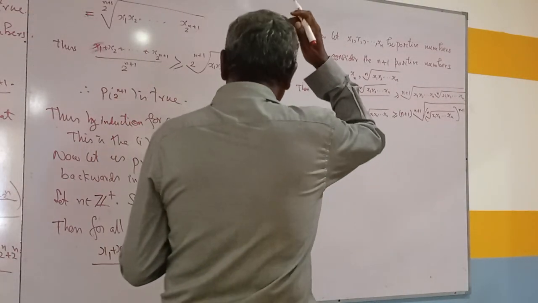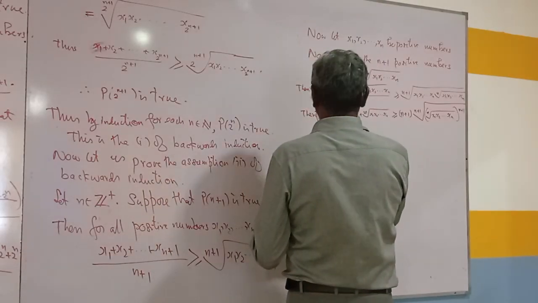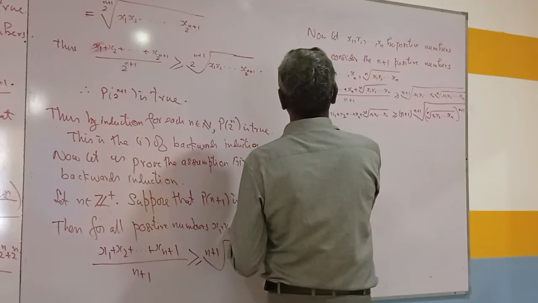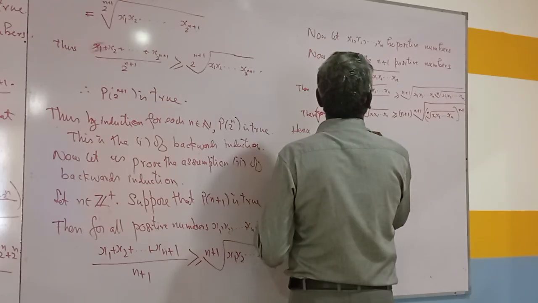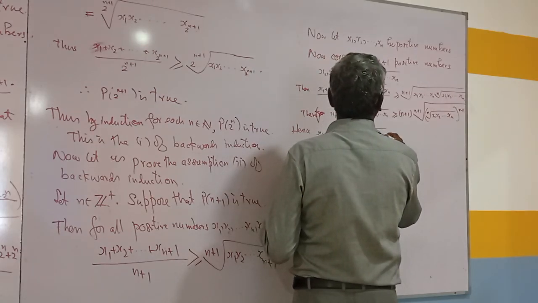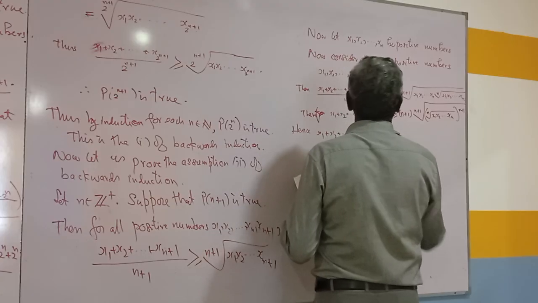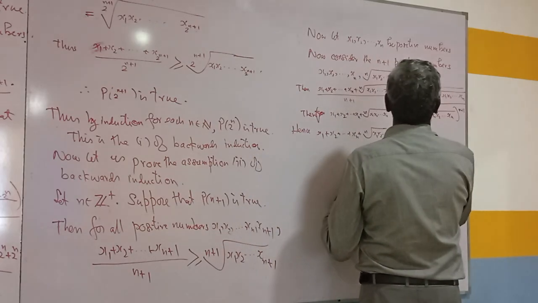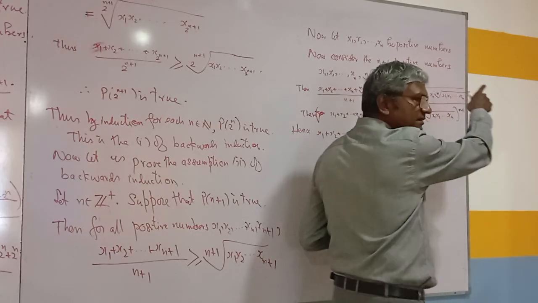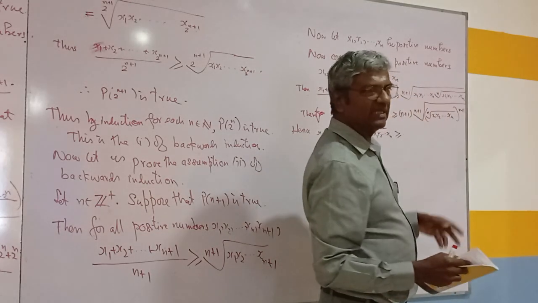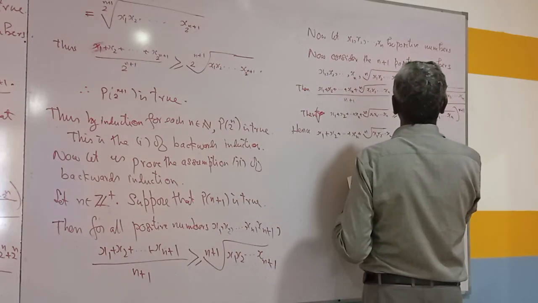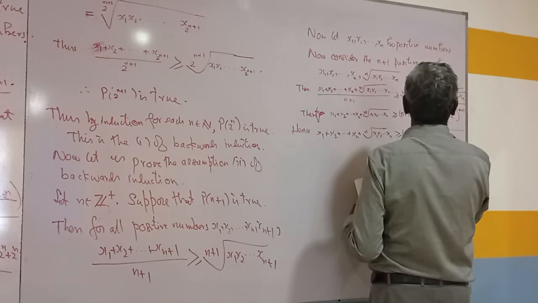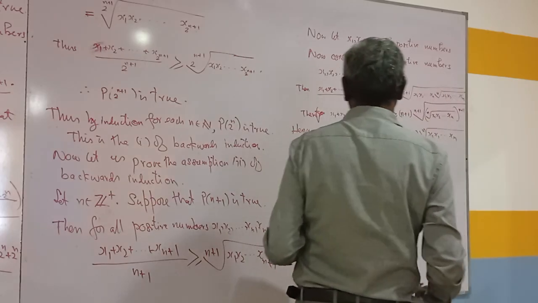Now you can say then, you get x1 + x2 + ... + xn + the nth root of x1, x2, ..., xn is greater than or equal to n+1 times the nth root of x1, x2, ..., xn. Here the (n+1) power and the nth root cancel.